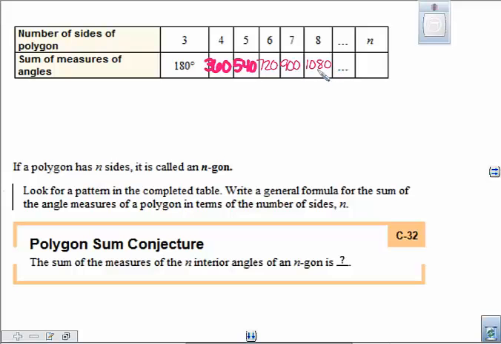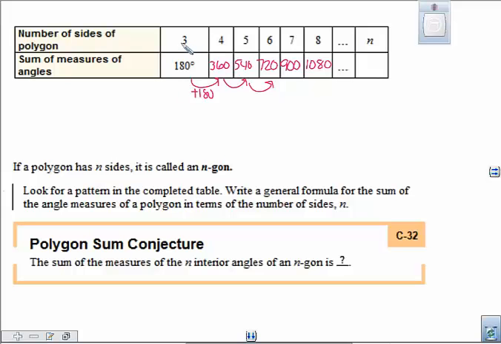So the pattern is plus 180 each time. But if you get to a very high number, that's going to take you a while if you just have to start with 180 and add for each number of sides greater than 3.